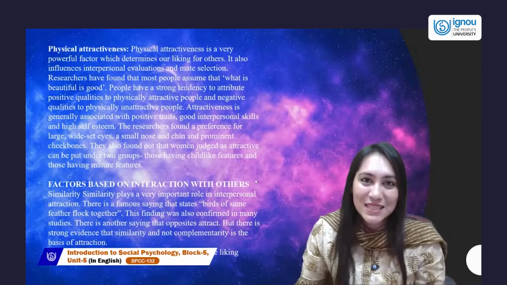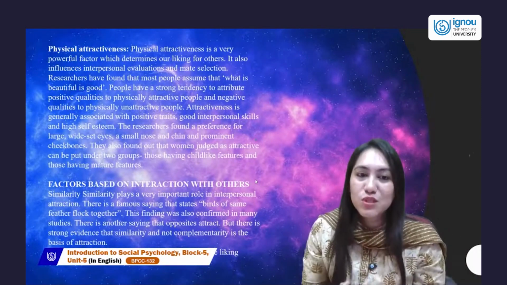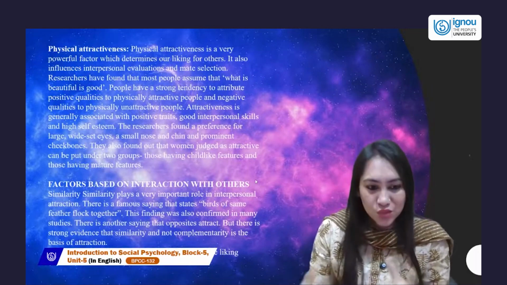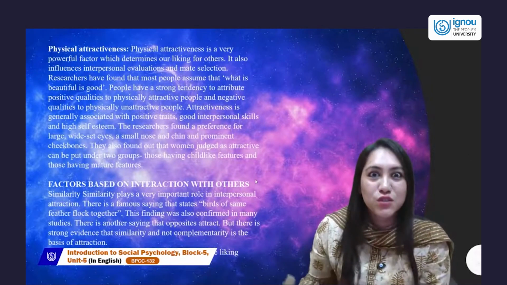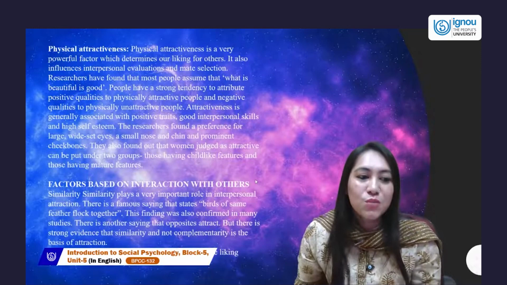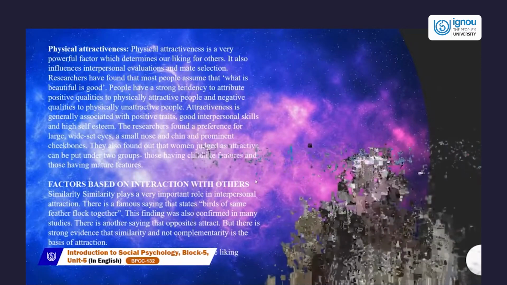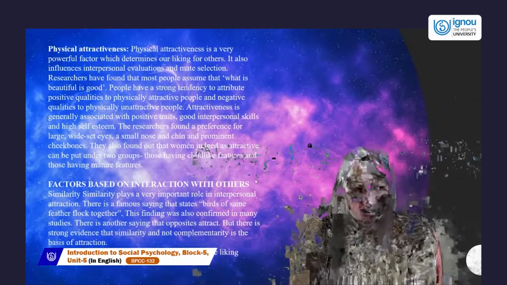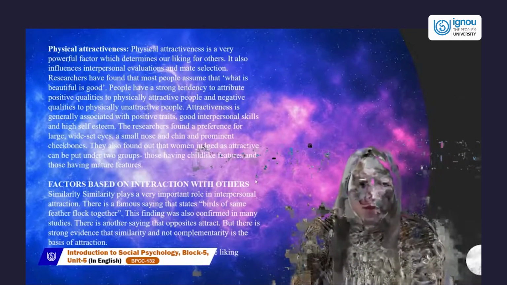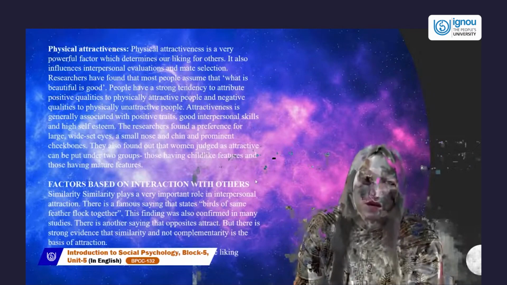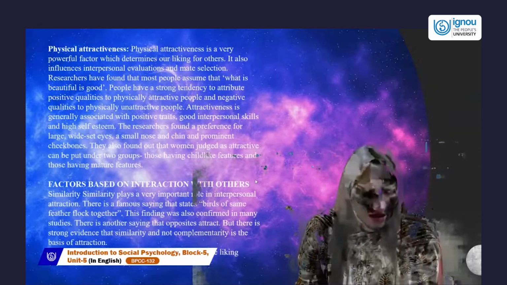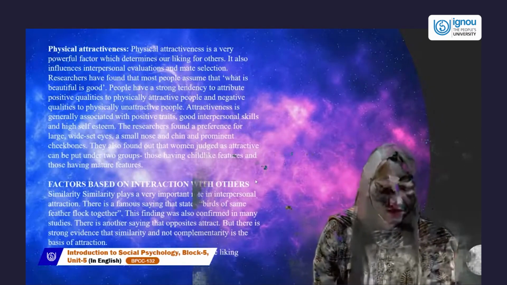It's a phrase that suggests similar attributes, similar values, similar ways of working, similar ways of thought, choice of music gets us together. There is strong evidence that similarity is a basis of attraction. The higher the proportion of similarity, the more interpersonal attraction we have.